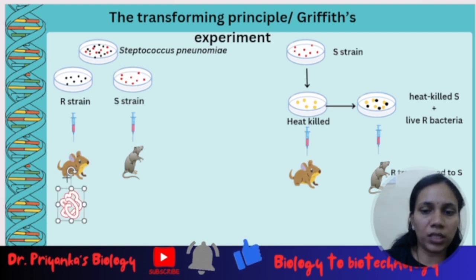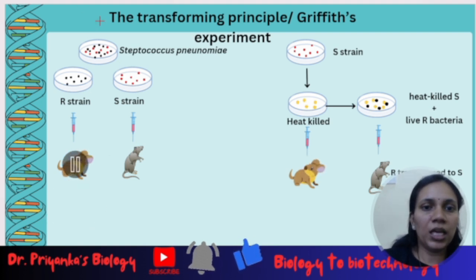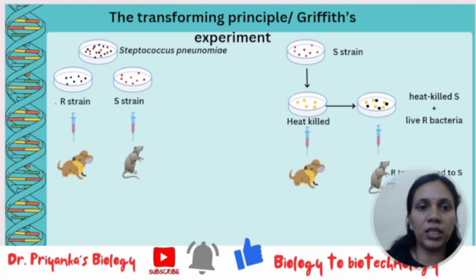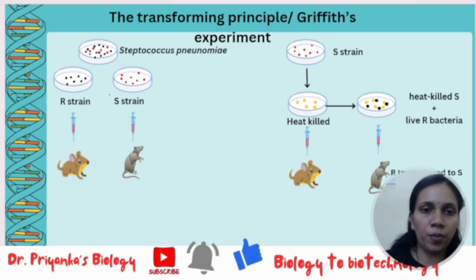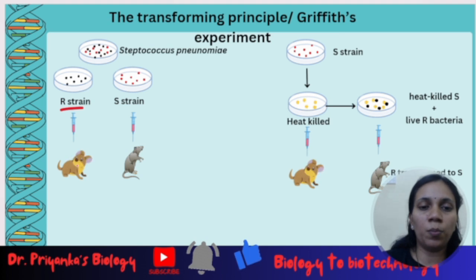As he was studying, he isolated the rough and the smooth colonies of bacteria and injected them into different mice. He saw that when the R strain was injected into a mouse, the mouse did not die because it did not develop pneumonia.